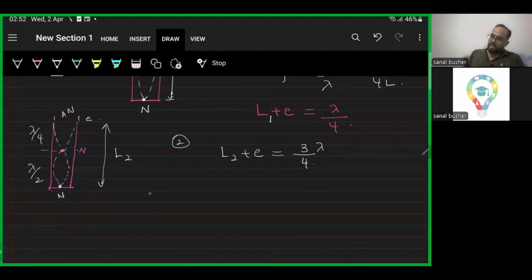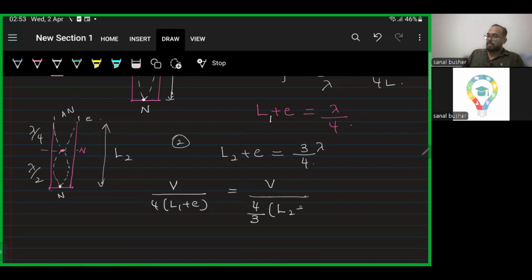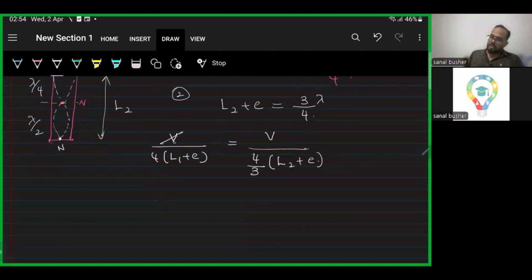So here in the first case, V upon lambda, where lambda is 4 times L1 plus E, which is equal to the next resonant frequency, V upon lambda, where lambda is equal to 4 by 3 times L2 plus E. So you can cancel V and 4 from both sides.